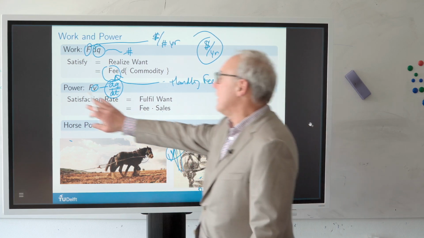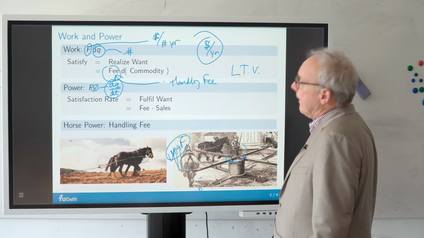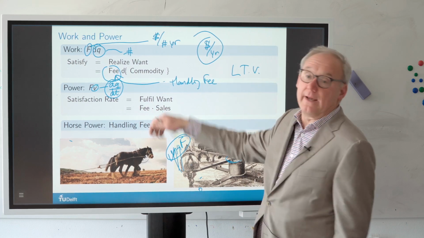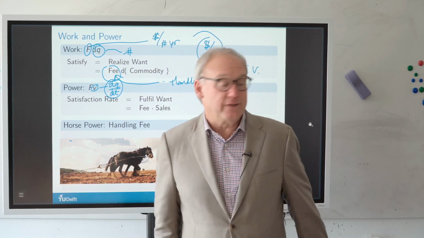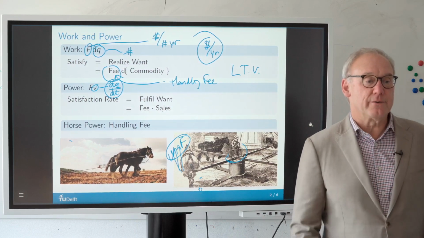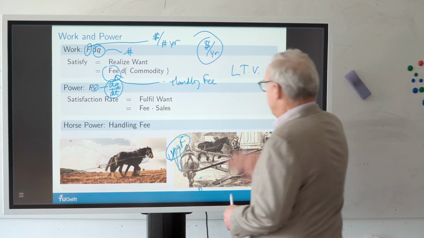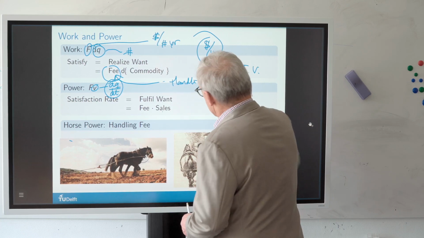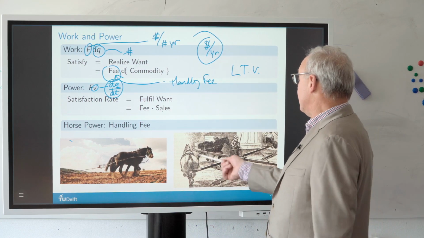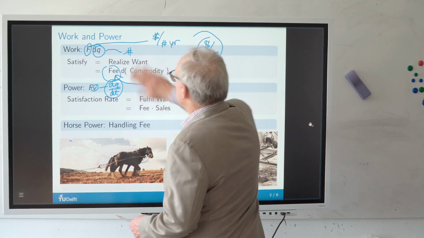Okay, and the power that these horses deliver is equivalent to how you can multiply the handling fee by the sales that you're putting out to get the total satisfaction rate for your customers, okay? So if you're selling stuff and you want to satisfy your customers, then this is the kind of picture you can have in mind, and it all works out.